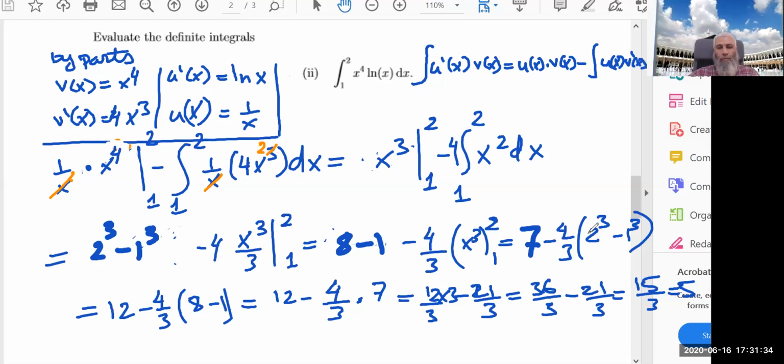So this is 2 power 3 minus 1 over 3. This is 7 minus 4 over 3 multiply 7.